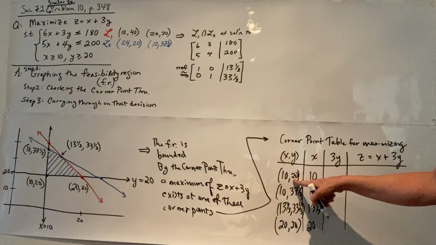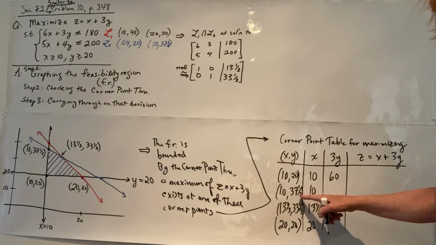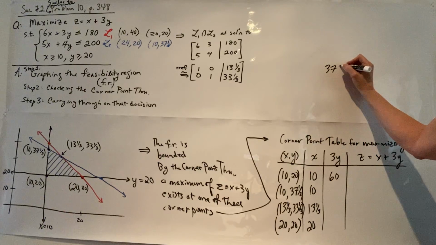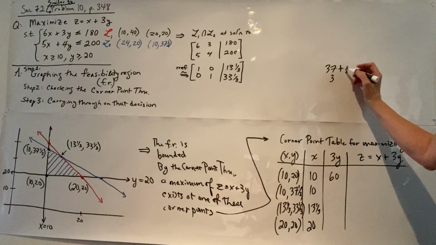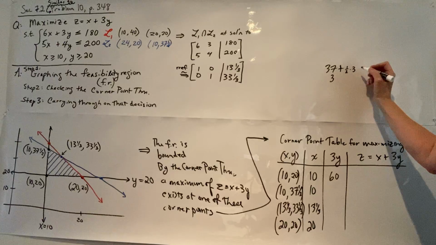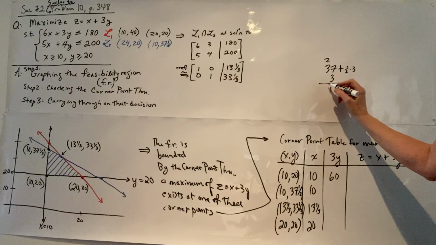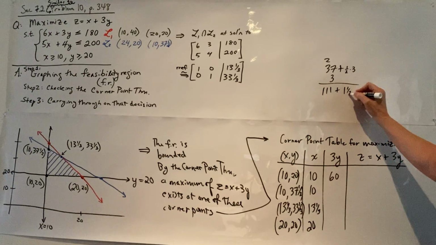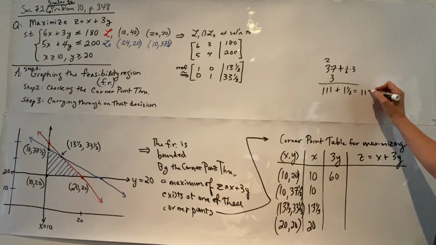So this y coordinate is 20, 3 times that is 60. 3 times 37 1/2: 37 times 3 is 111, plus 1/2 multiplied by 3 is 1 1/2. So that's 112 and a half.